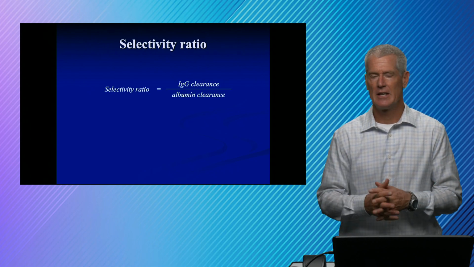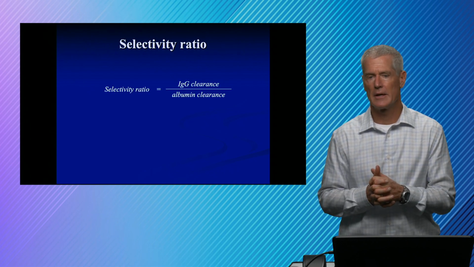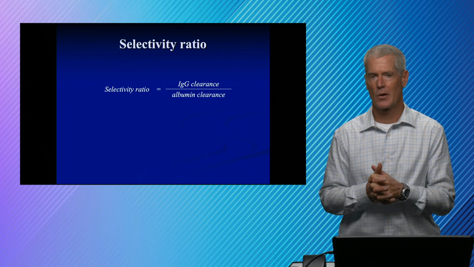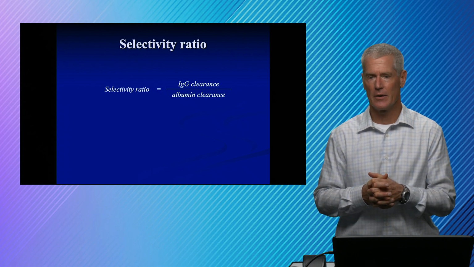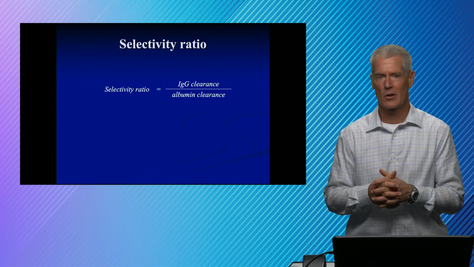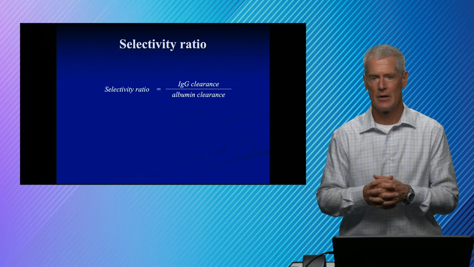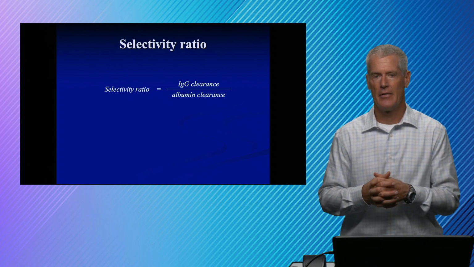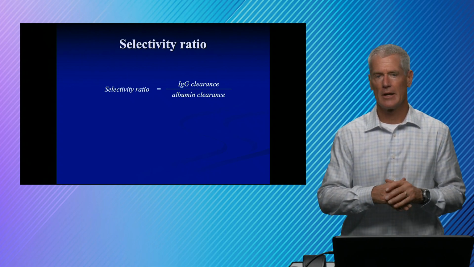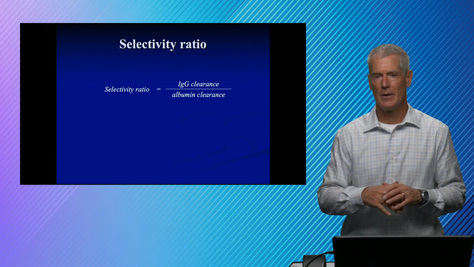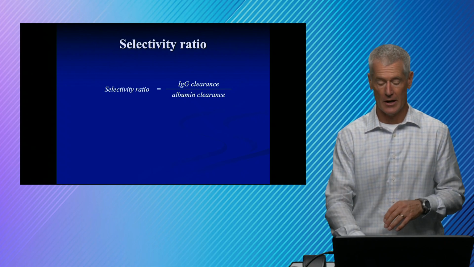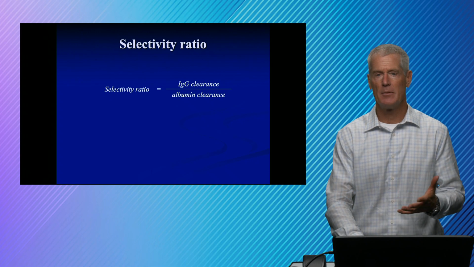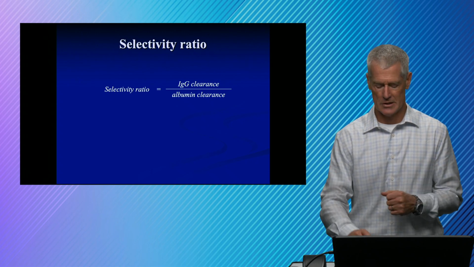We talk about a selectivity ratio, and that's useful because IgG has a molecular weight of about 150 kilodaltons, whereas albumin has a molecular weight of about 68 kilodaltons. And so if you're selective in that you're primarily excreting albumin in the urine, you're better off than if you're excreting immunoglobulins, which are more than twice as big.